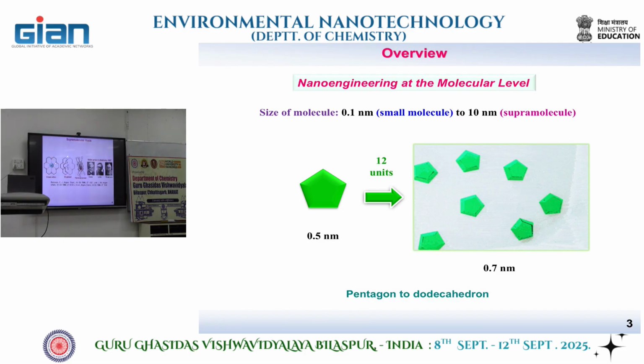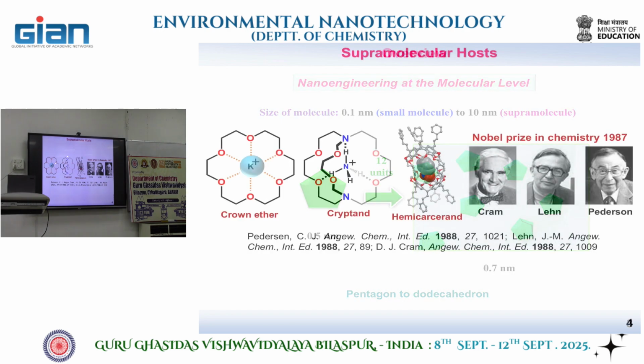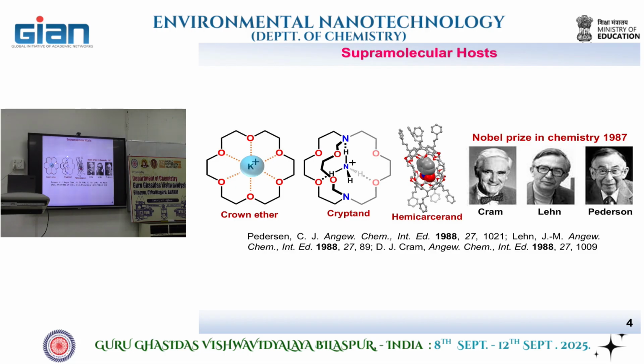So first of all, I must mention the Nobel Prize in 1987, where host-guest chemistry was recognized, awarded to Cram, Lehn and Pedersen. They were awarded because they showed the importance of macromolecules, which are called supramolecules, and their molecular pockets. For example, a crown ether, everybody knows the crown ether. It has a two-dimensional structure with oxygen atoms. Based on the size of the crown ether, it can selectively bind metal ions.